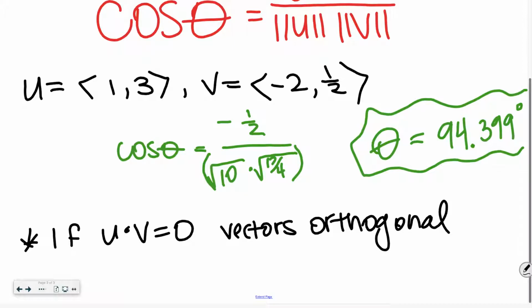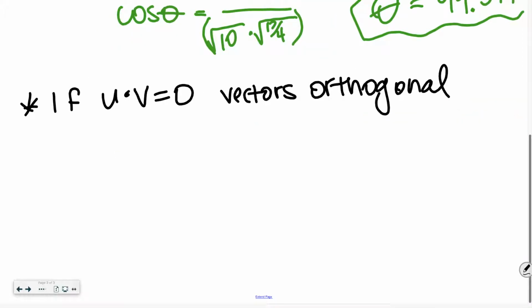So if I have a question, are these orthogonal? All you would need to do is find the dot product, and if the dot product is 0, your answer would be yes. If the dot product is not 0, your answer would be no. So these two vectors right here, 2, 18 and 3/2, -1/6.